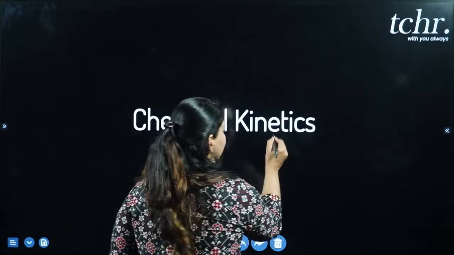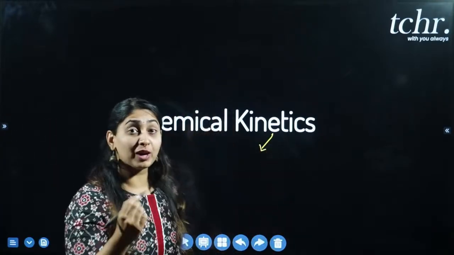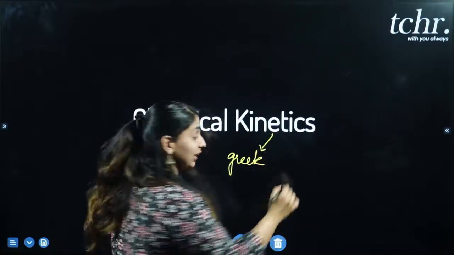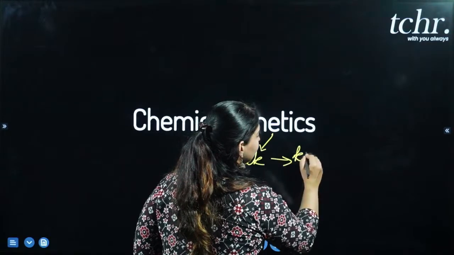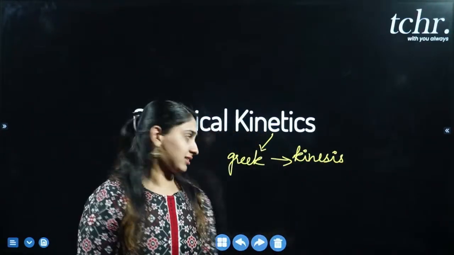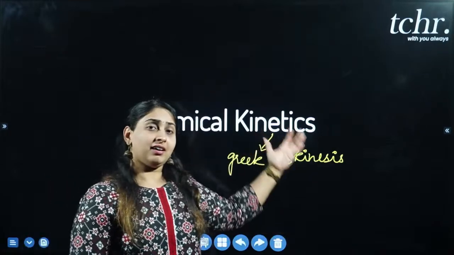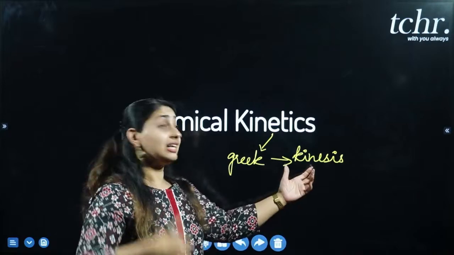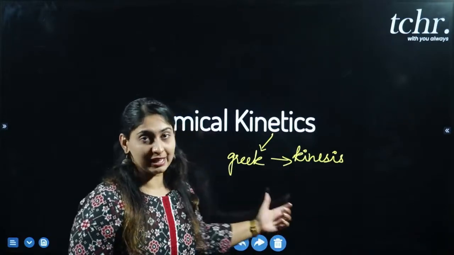So kinetics is derived from the Greek word, right? It's derived from the Greek word called kinesis. So what do you mean by kinesis? Greek term kinesis inda now kinetics anno word bandide anta nan helde, but hagadre enu andre kinesis andre enu, what is the meaning of kinesis?